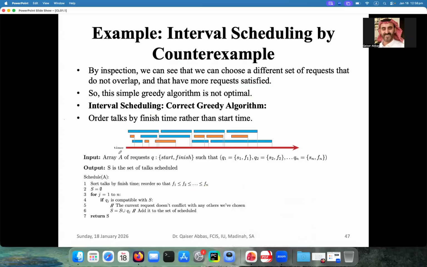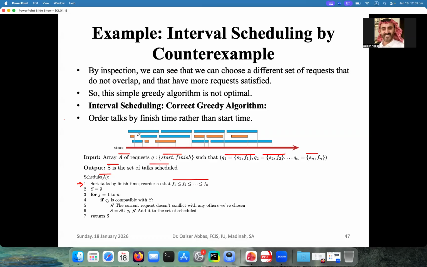So array A is the same, start finish same, Q1 S1, Q2 S2, Qn is the same. Output S would be some output with talks scheduled A. So all the algorithm is the same except this step number one: sort talks by finish time.